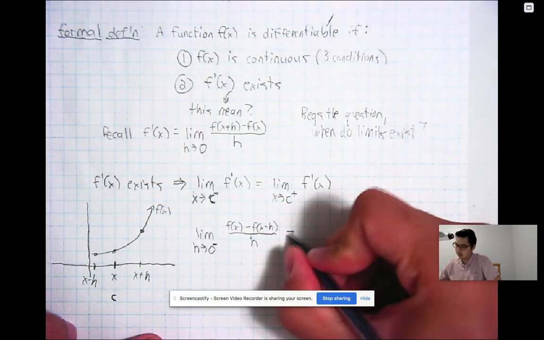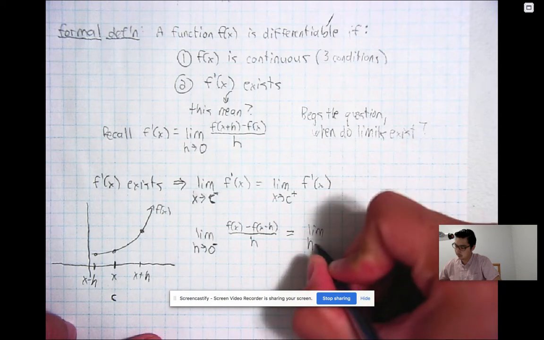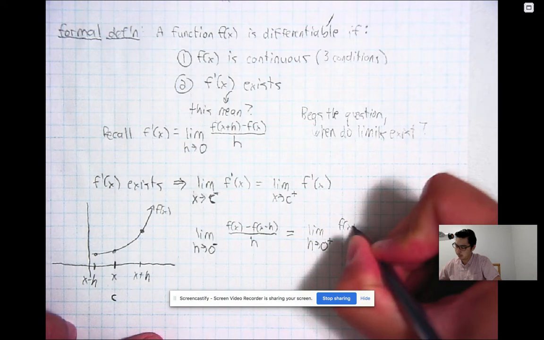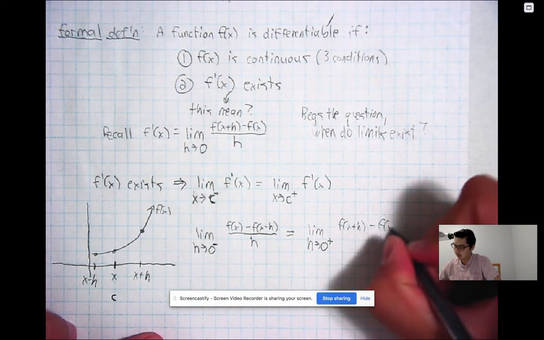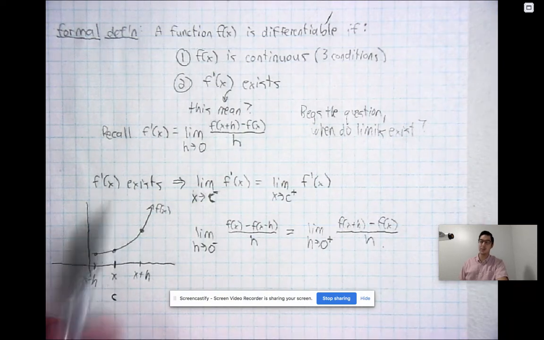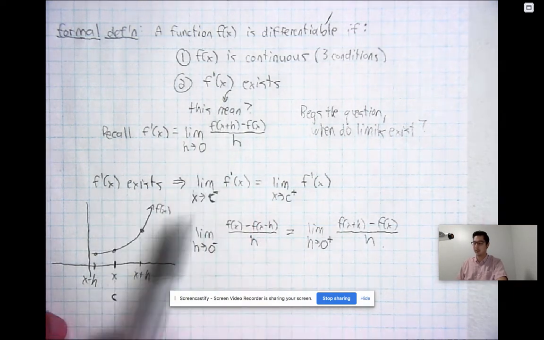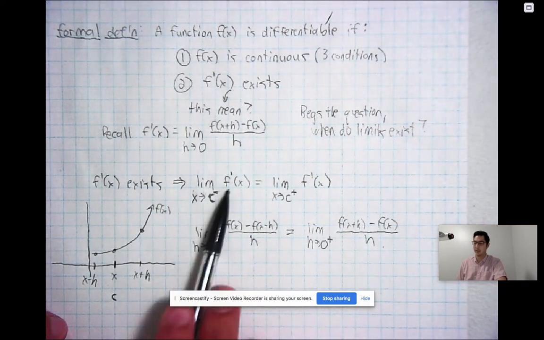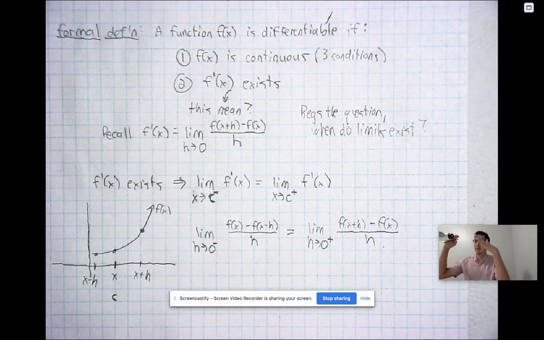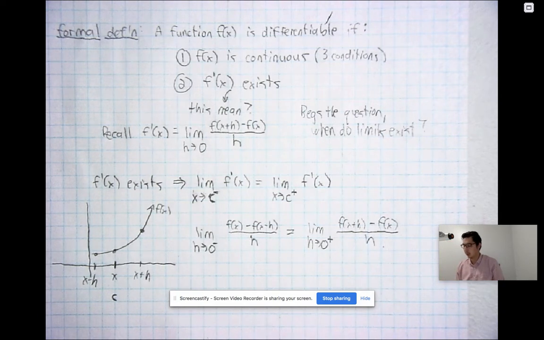And that has to equal the limit as you approach from the right, which would be f of x plus h minus f of x, over h. And that's what it means for a derivative to exist: the left derivative is equal to the right derivative. The slope from the left side is going to approach the same slope as you approach from the right side.